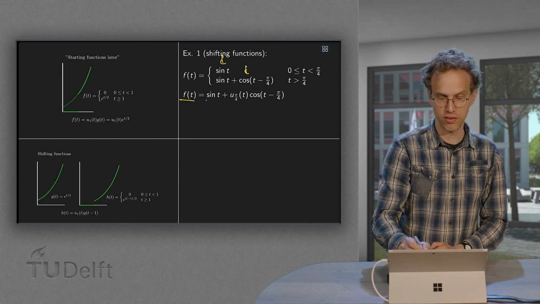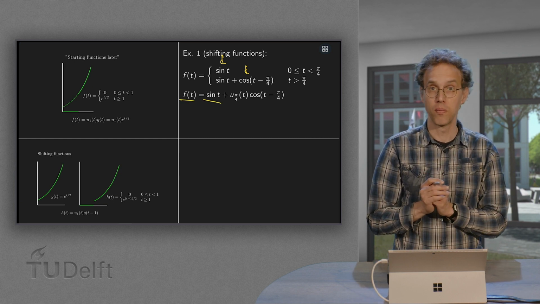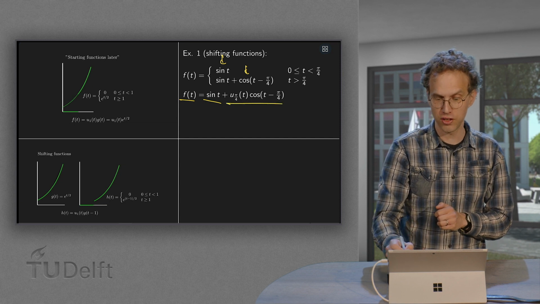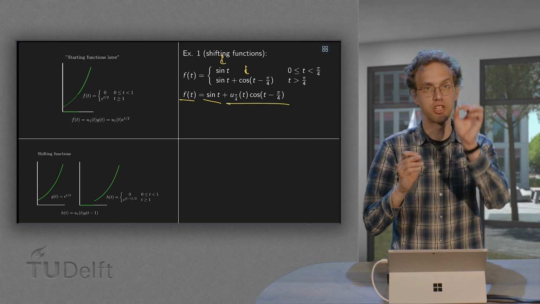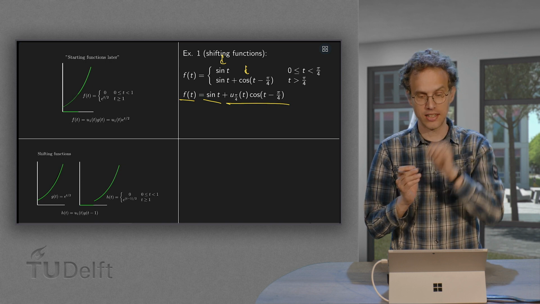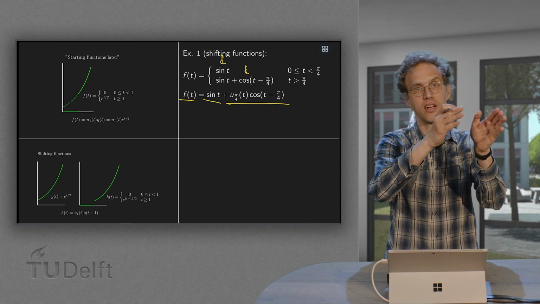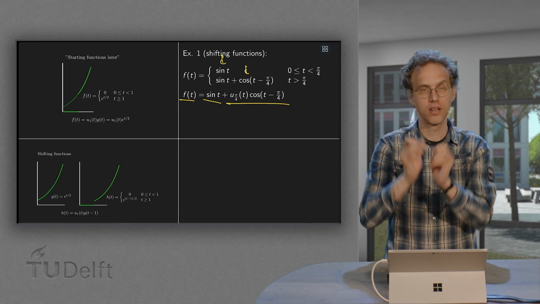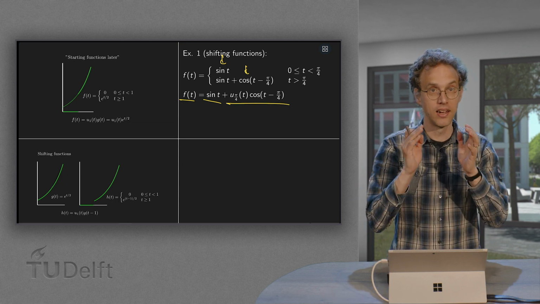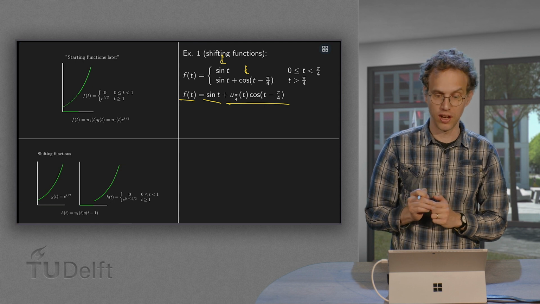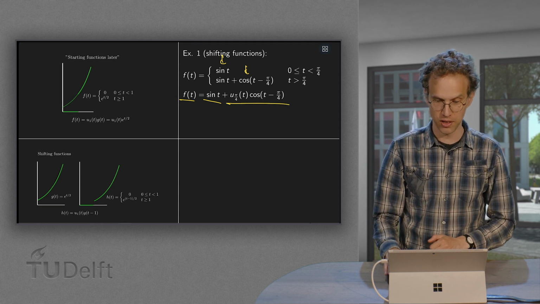So our f of t equals sine of t plus the shifted cosine. So the cosine starts at 1 at t equals pi over 4. So we have our sine, we have our cosine, but we shift the cosine to start a bit later. That is how we can use shifted functions.